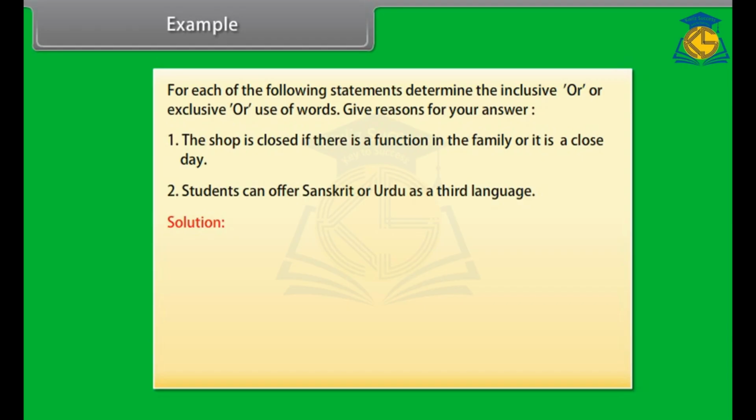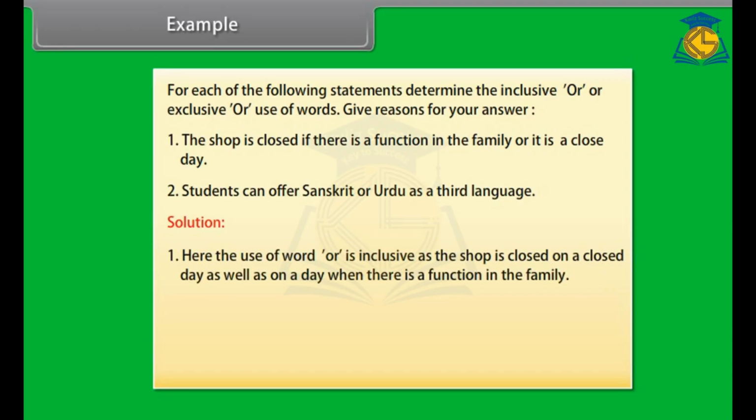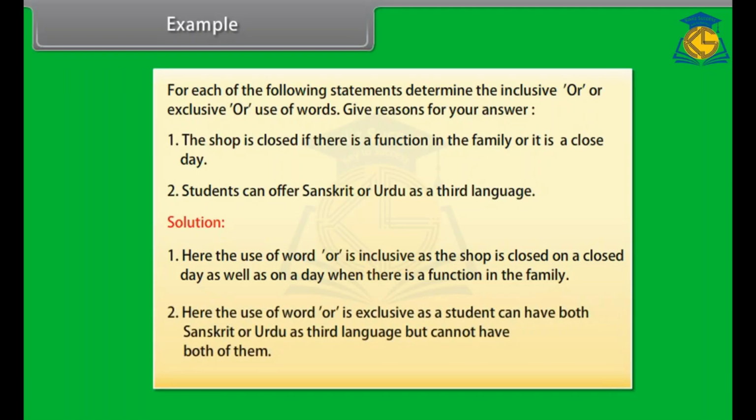Solution: here the use of the word "or" is inclusive, as the shop is closed on a closed day as well as on a day when there is a function in the family. Here the use of the word "or" is exclusive, as the student can have either Sanskrit or Urdu as the third language but cannot have both of them.